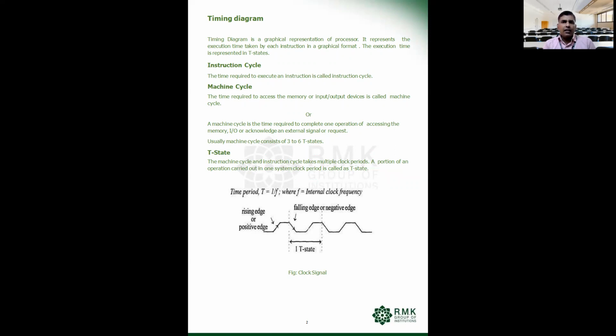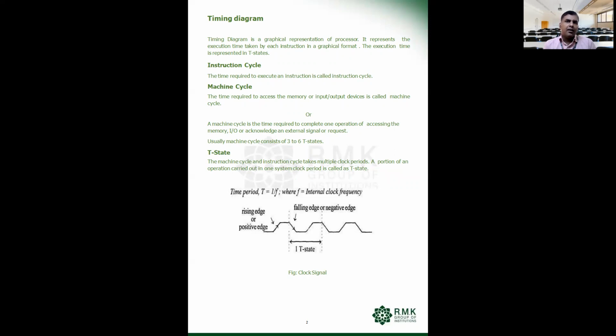Now, what are the other key terms associated with the timing diagram? There is something called the instruction cycle. The time required to execute an instruction is called the instruction cycle.